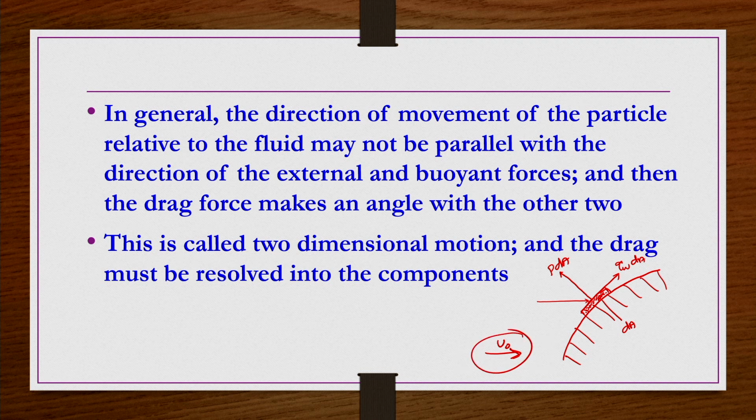So, this is the flow direction, but p dA is acting in this direction, and tau w dA is acting in this direction. The force due to the pressure and the force due to the shearing action are acting in two different directions compared to this direction. That is the reason we call these two-dimensional flows, and we have to obtain the components of these forces acting in the flow direction.